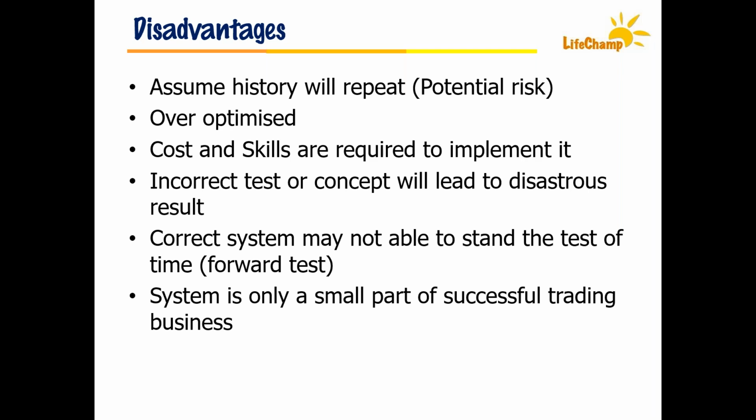And second, sometimes you over-optimize a system where it looks so perfect, and you make one trade in a year and it makes so much money, okay? But this is probably also not something that you are looking for.